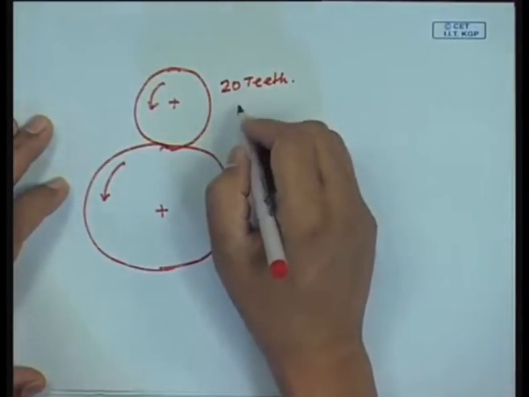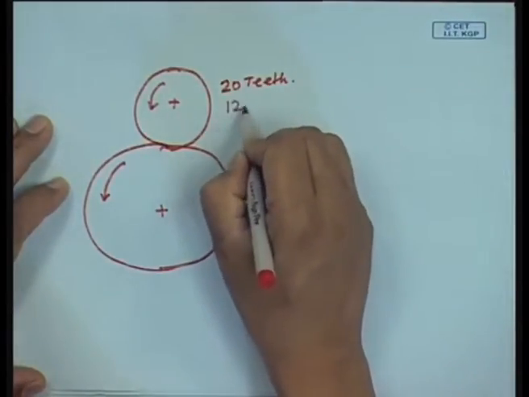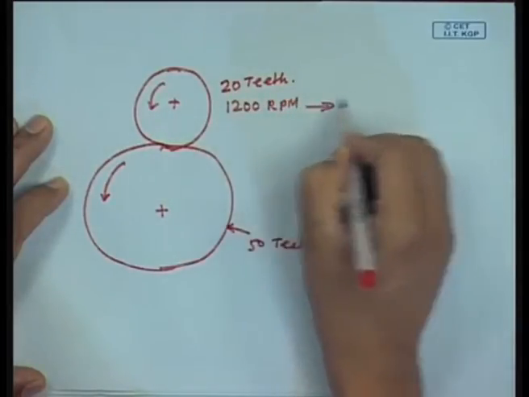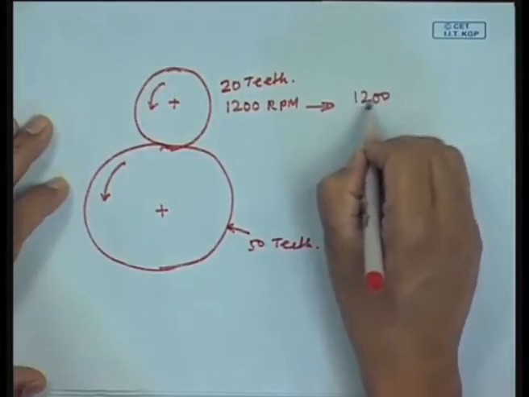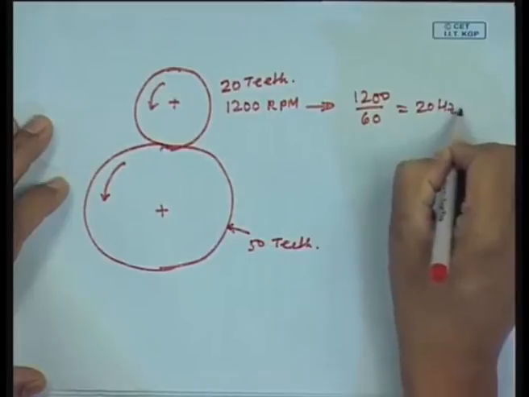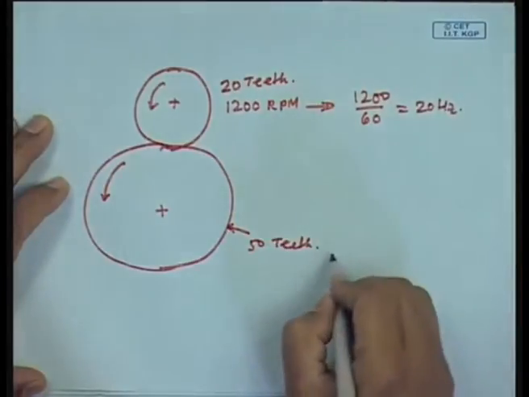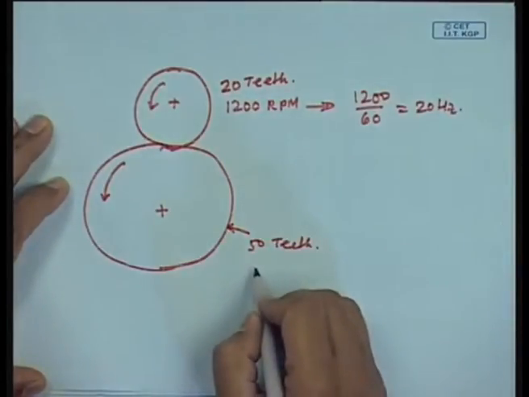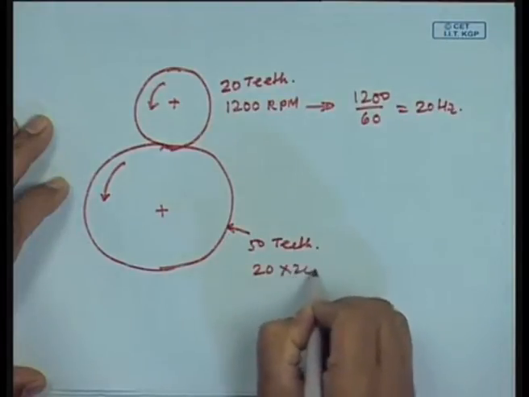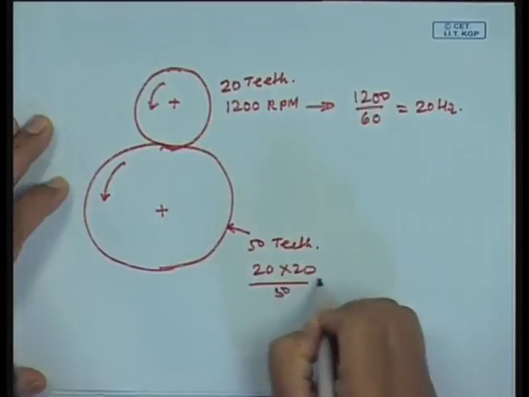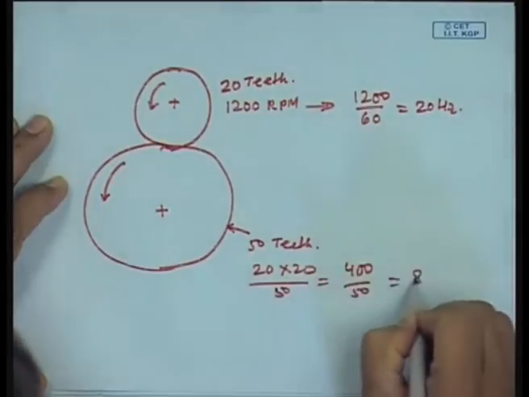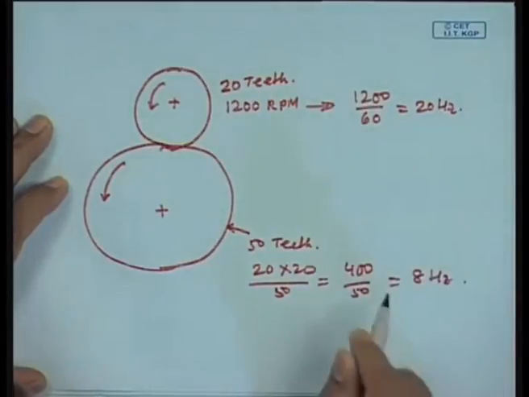Suppose this is running at 1200 RPM, and this corresponds to 1200 by 60, that is 20 hertz. So, this will be running at a speed of 20 into 20 by 50, that is equal to 400 by 50, that is equal to 8 hertz, right.